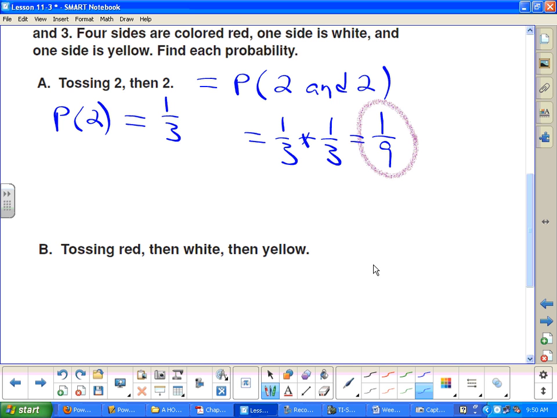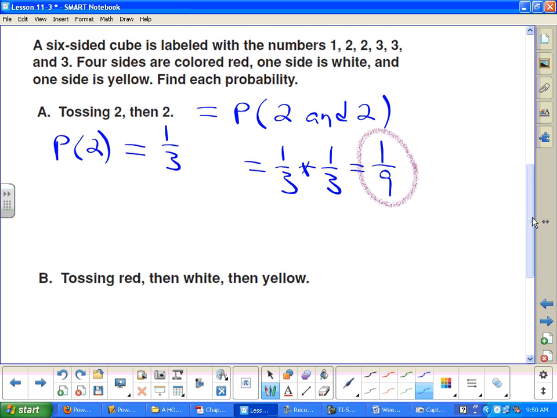Now we're using the same number cube. We want to know the probability of tossing a red, then a white, then a yellow. So that means we're going to do probability of red and white and yellow. So we need to find the probability of all 3 of them, and then we're going to multiply them together.